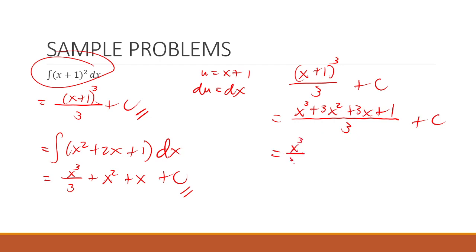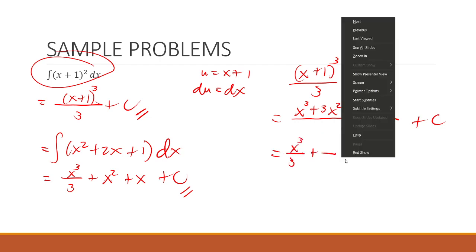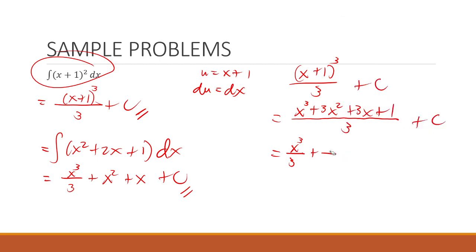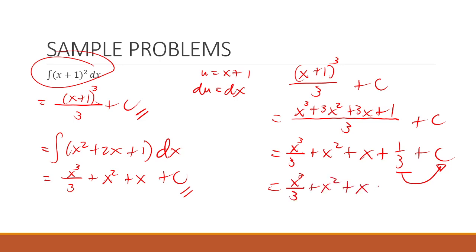So we'll get x cubed over 3 plus, second term, we have 3x squared over 3, so mag-cancel out ang 3. Therefore, x squared na lang, right? And then 3x over 3, cancel out again ang 3, so x na lang, plus 1/3 plus c. Okay. Then again, we can combine this 1/3 with c, so that overall we'll get x cubed over 3 plus x squared plus x plus c.